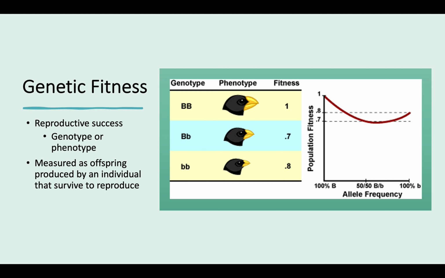In genetic fitness, reproductive success plays a very big role, as in the slide that we just talked about, in the genotype or the genes and the phenotype, the look of the offspring. For example, here we have genotype being homozygous dominant, where we have a bird with a large beak and high fitness.